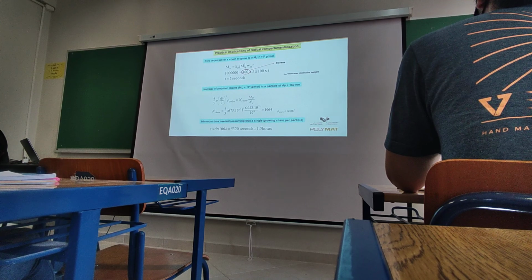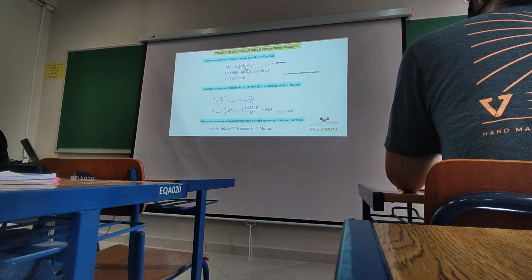And this is polymerization rate divided by termination rate multiplied by the molar mass of the monomer. This, in this case, is styrene. We are using 100. I'm not sure 100 as the molar mass of the styrene, or I think it's 104, but not important.